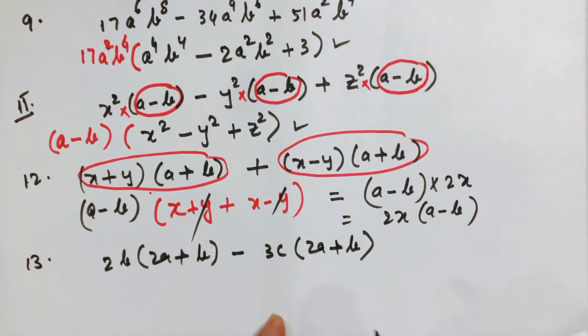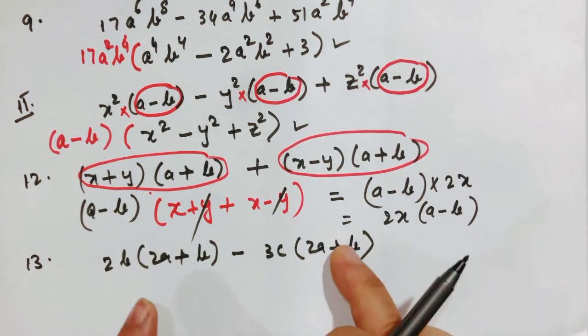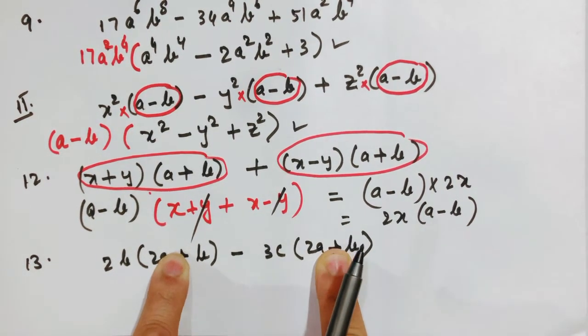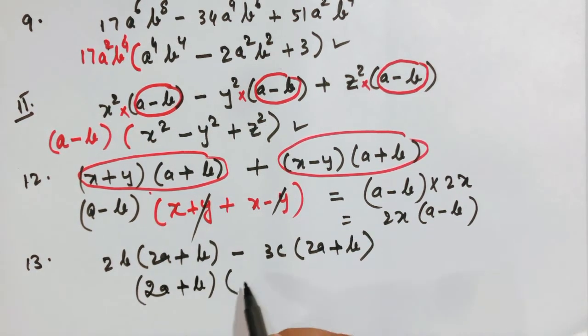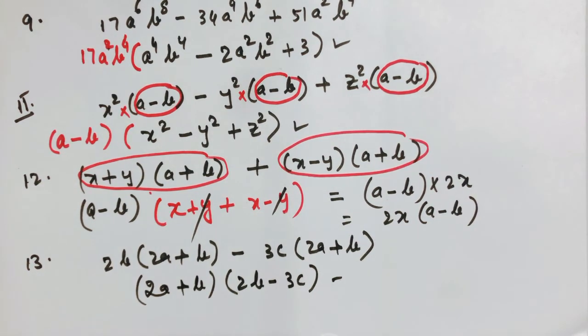It's not that you will take out only a or only 2, because 2a plus b is a single term over here, that's why it has been kept in bracket. So when 2a plus b is extracted, what will you get? You will get 2b minus 3c, isn't it? 2b will remain over here minus 3c, and this is our solution.